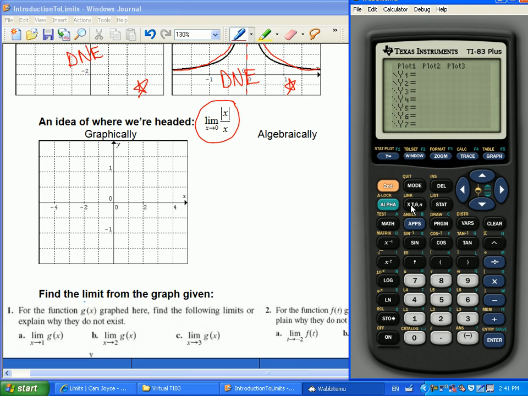So in y equals, it would be the absolute value of x divided by x. And this one, I'm going to want to do it, oops, sorry. Don't need that bracket there. I don't know, my window's not very good.